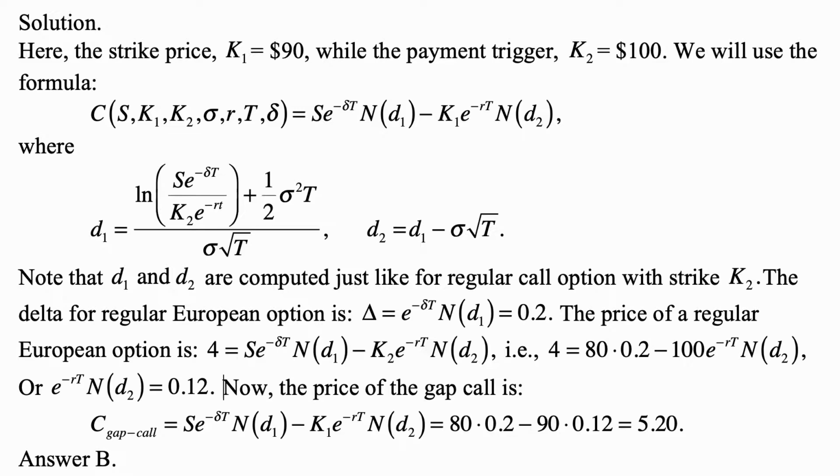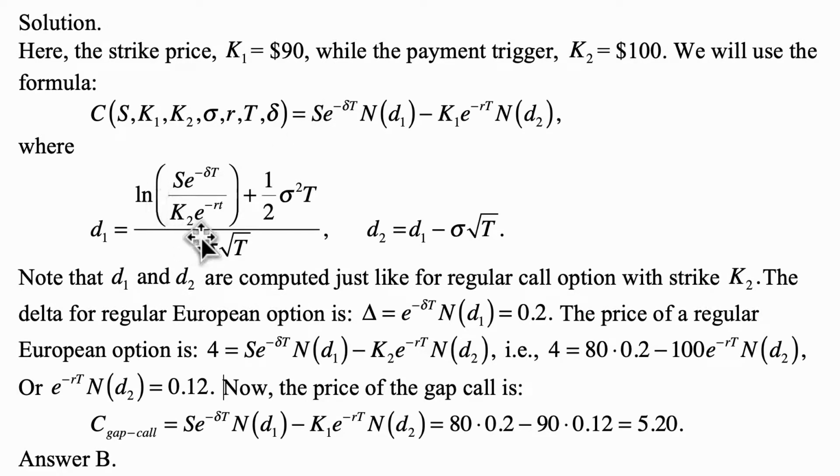It's S e to the minus delta T times N of d1, minus K1, the strike price, e to the minus rT N of d2, but d1 is based on K2, the payment trigger. d1 is, again, very much like the Black-Scholes formula, but with the payment trigger used instead of the present value of exercise price.